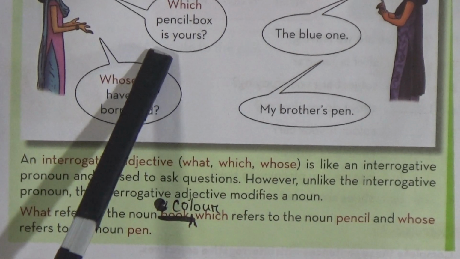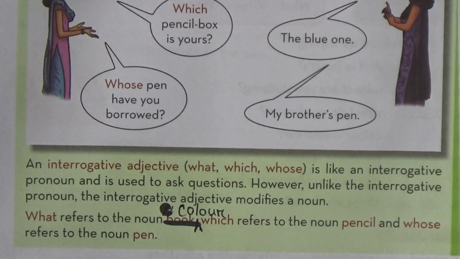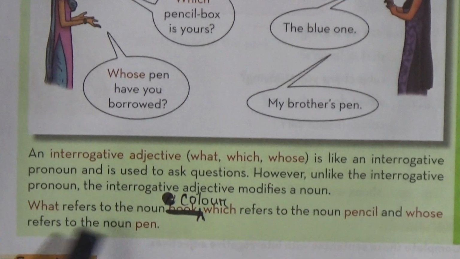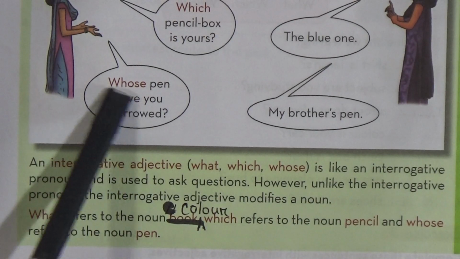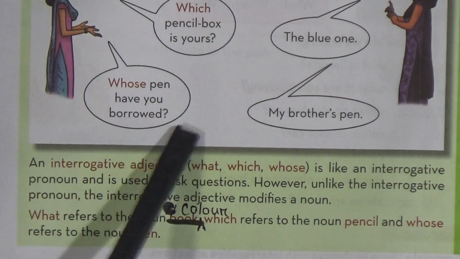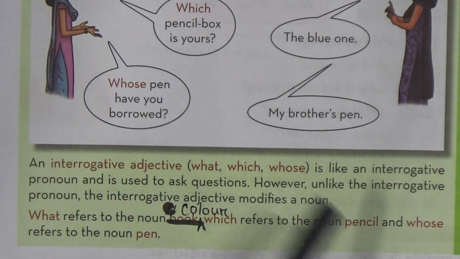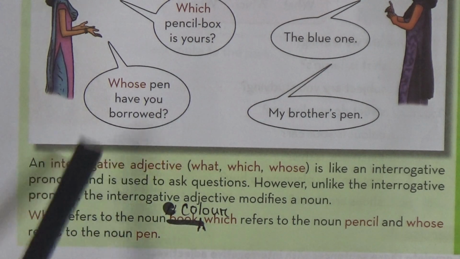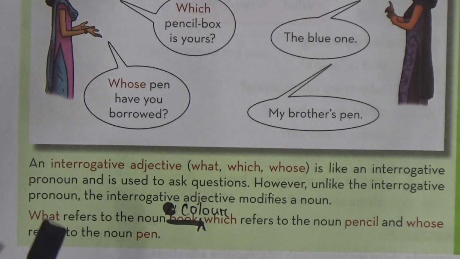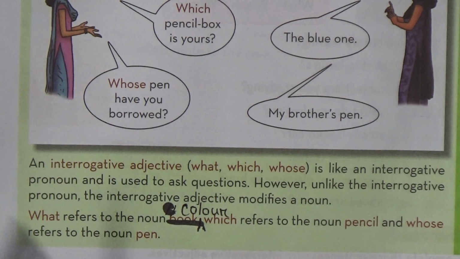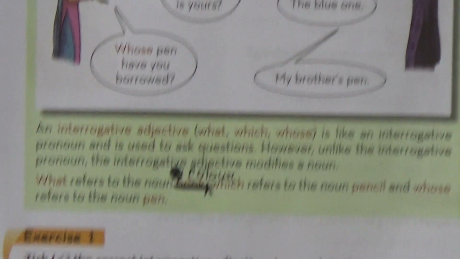Here, which refers to the noun pencil. And whose refers to the noun pen. In this third sentence, whose pen have you borrowed, whose refers to the noun pen. Now dear students, what have we learned? We have learned that an interrogative adjective like what, which, whose is like an interrogative pronoun and it's used to ask questions. Now we will do some exercises from our book.